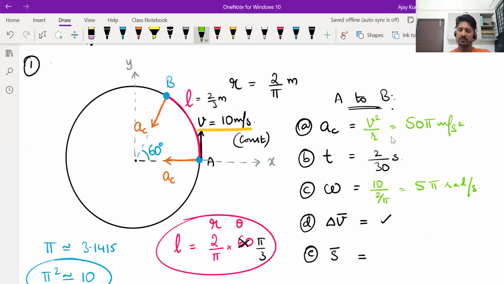Change in position. So final position vector minus initial position vector is what you need to do. Write the final position and initial position as vectors.